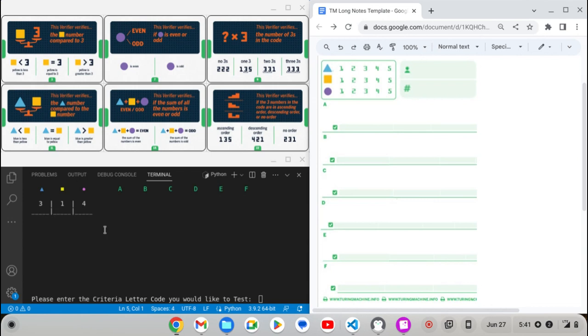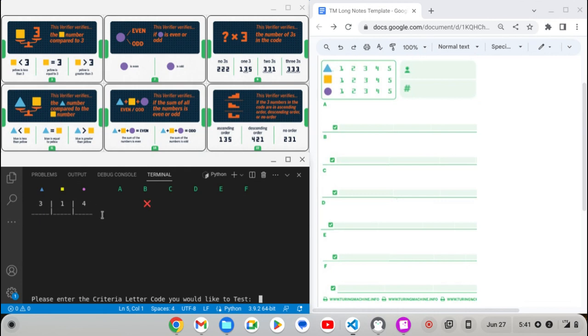So the first thing I want to do is test criteria card B. I want to find out if that last digit is an even or an odd. So I'm going to test B. Okay, so the Turing machine does not approve of my proposal. Notice that in my proposal, I chose an even 4 for circle.